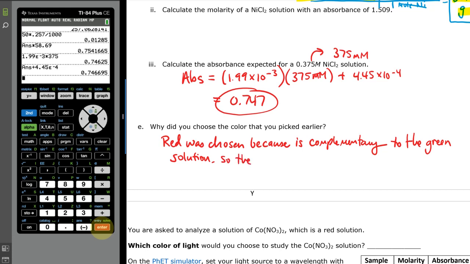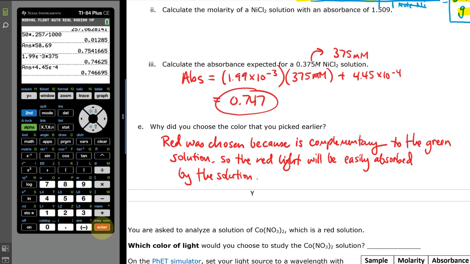So the red light will be easily and effectively absorbed by the solution, and that's what we want. In the end, it gives us a more sensitive range. It allows us to measure absorbances with a greater sensitivity over a greater concentration. We'll get into that more in class again.